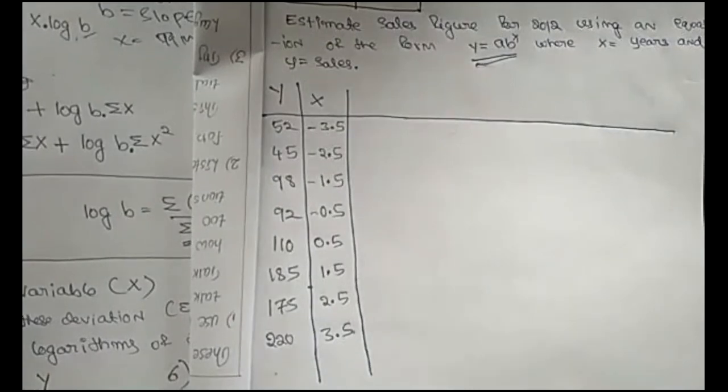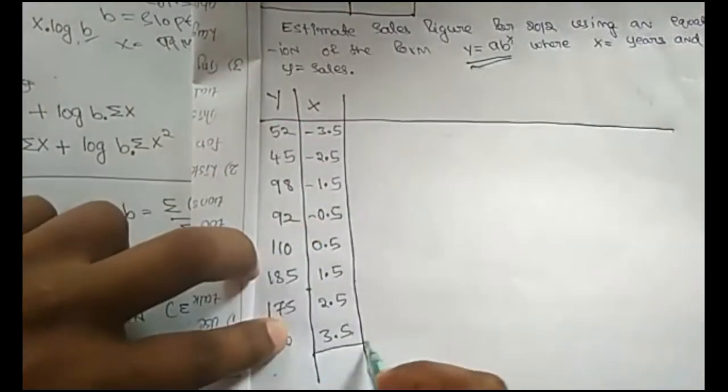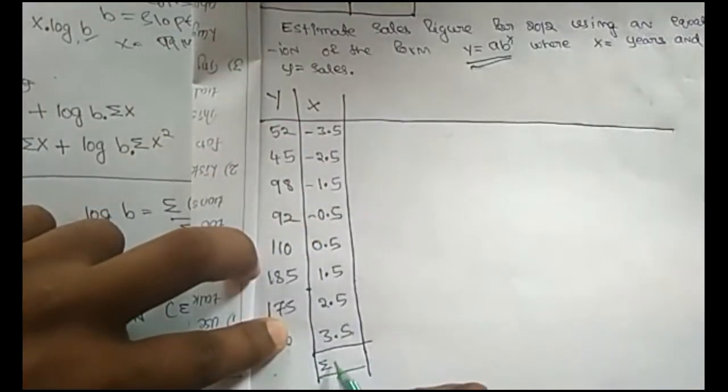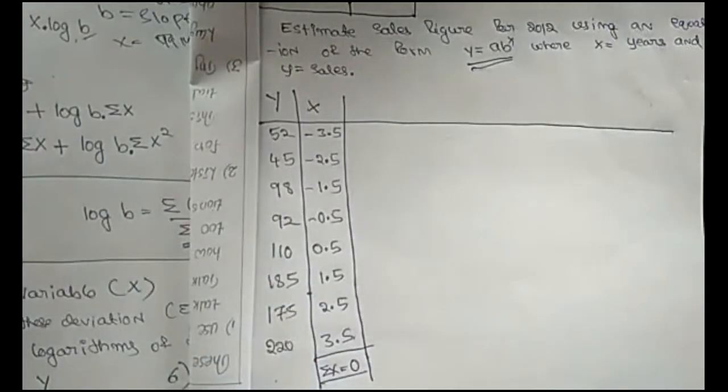So that is the value of x. If you find the total of this, the sum of x is 0.